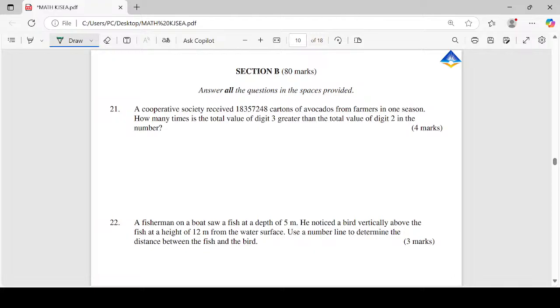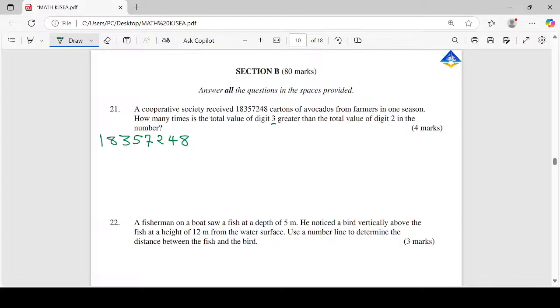It's very simple. If I have the number 18,357,248, I want to get the total value of digit 3. How do I get it without struggling?